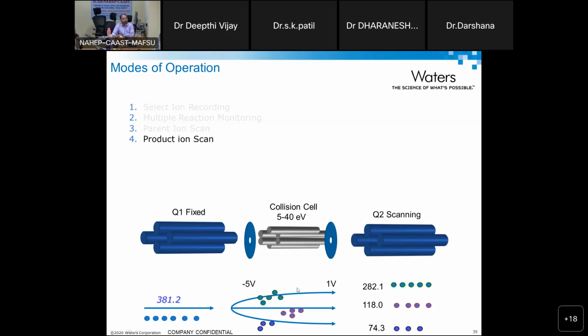Then those daughters will move to the second quadrupole, which is in scanning mode, and can be detected. So based on the mass fragmentation, by identifying the fragment ions or daughter ions, you can determine the structure of an unknown compound.